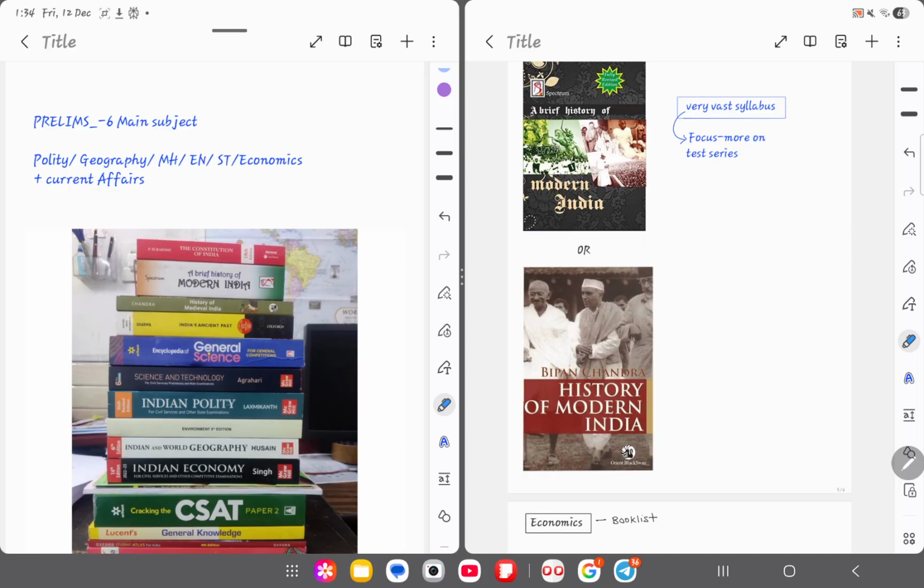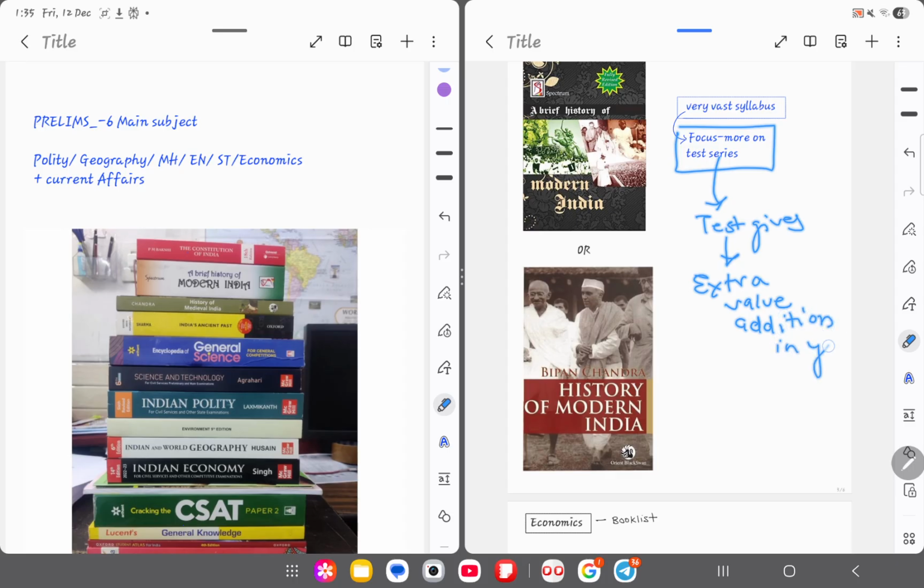wisely. First thing, the syllabus is very vast, so focus more on the test series, because the test series gives you value addition in your notes.